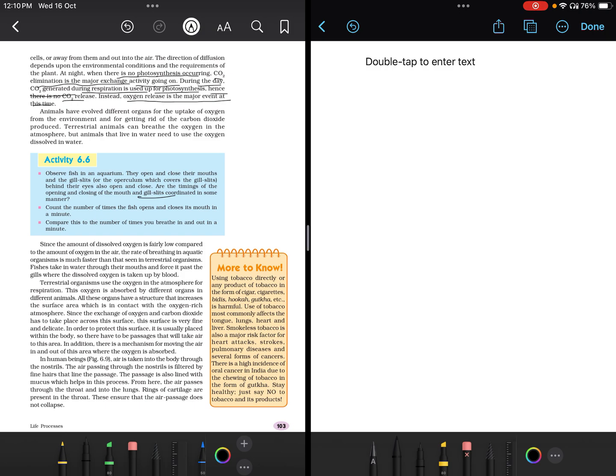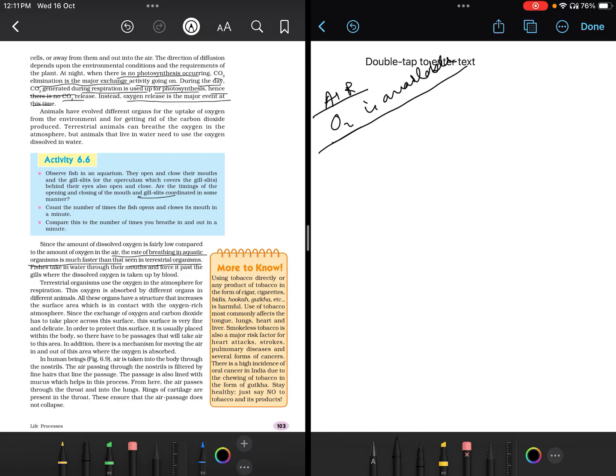Now coming to the next paragraph, let's simplify it. Since the amount of dissolved oxygen is fairly low compared to the amount of oxygen in the air, the rate of breathing in aquatic organisms is much faster. Just logically think. In air, O2 is available.